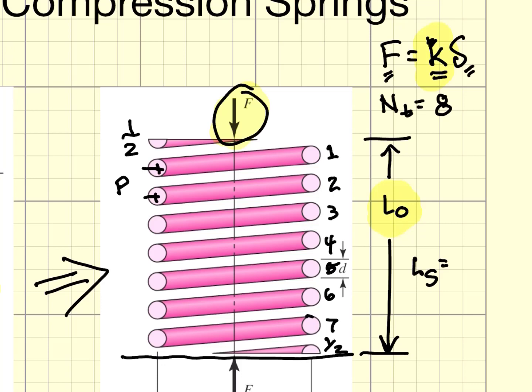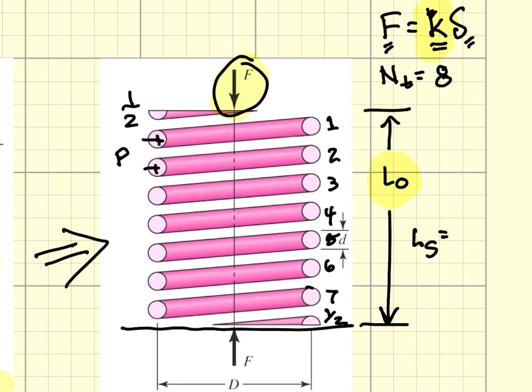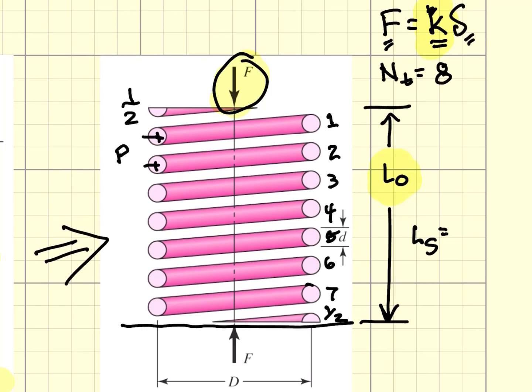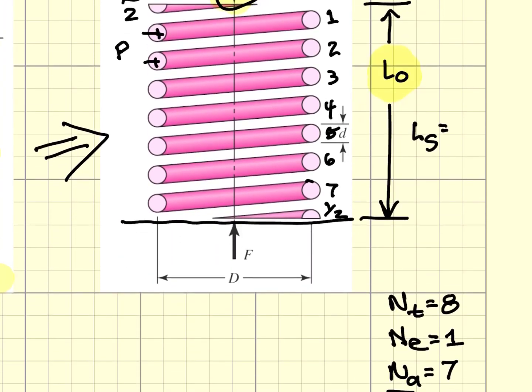But in order to make that solution tractable, you simply assume the same amount of strain energy in all of the coils, but we know it's going to be different at the end coils. And so this simple approach was taken in the days before computer simulation, where the number of active coils would be equal to the total number of coils minus the end coils, and then you just use the number of active coils, in this case 7, to do the Castigliano's theorem calculation of the elastic spring stiffness.